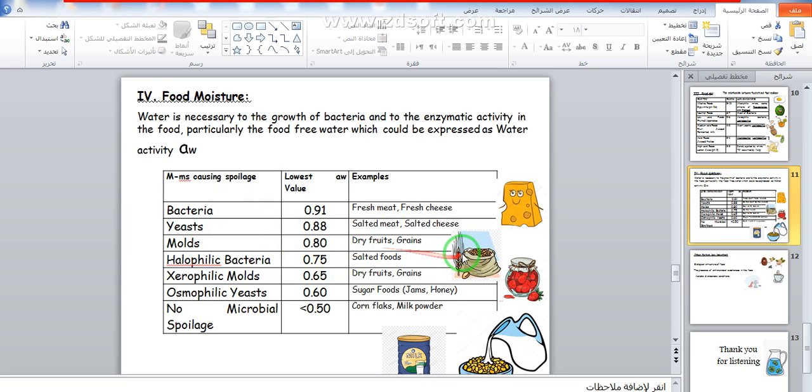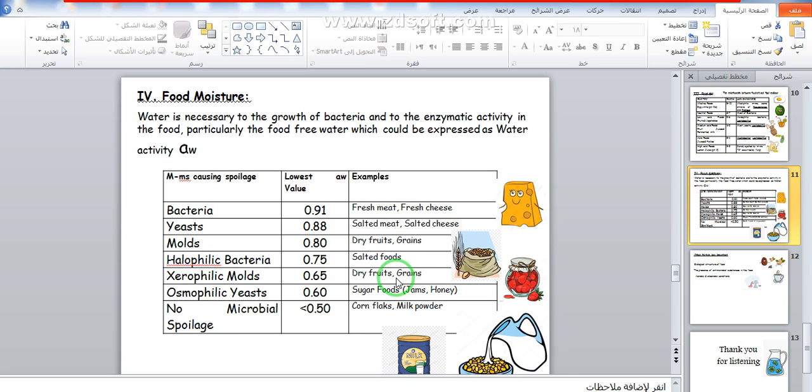Dry fruits and grains with an active water value of 0.8 will be spoiled by molds, while salted foods with an active water of 0.75 will be spoiled by halophilic bacteria.